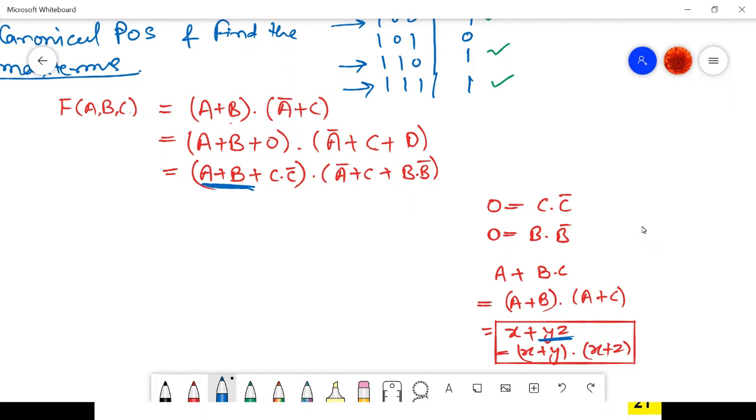Consider A plus B as a single unit, and C dot C bar as Y dot Z. So can I write this way? A plus B as a single unit plus C, dot A plus B as a single unit plus C complement. Is it clear to all of you? Yes, clear.